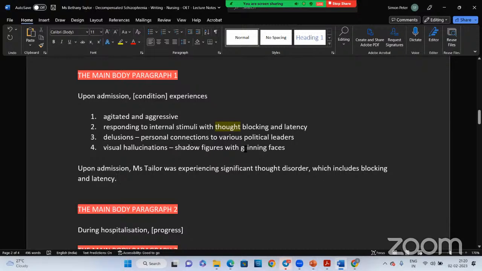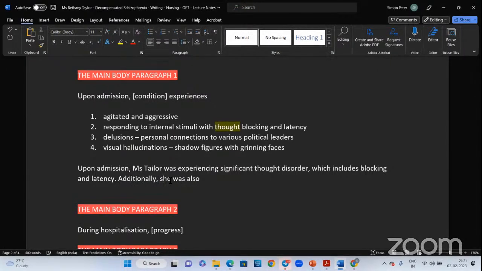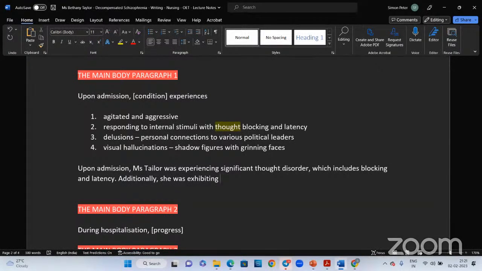What else can you say here? She was also, or additionally, we can say "Additionally," she was exhibiting, what was she exhibiting?